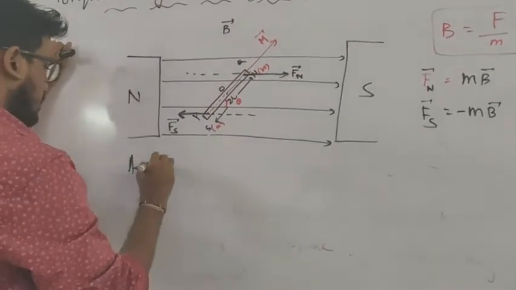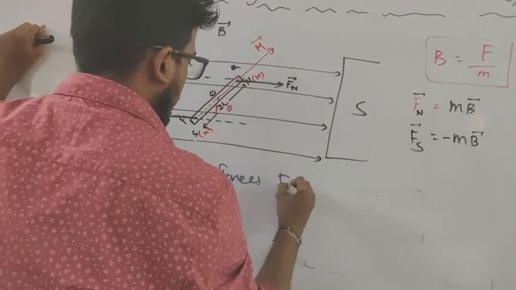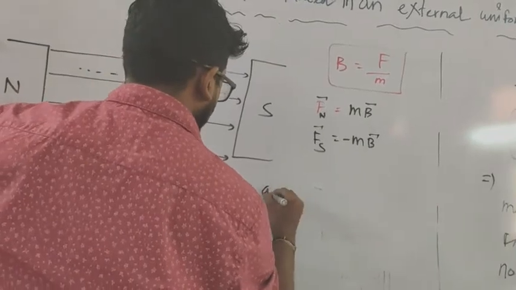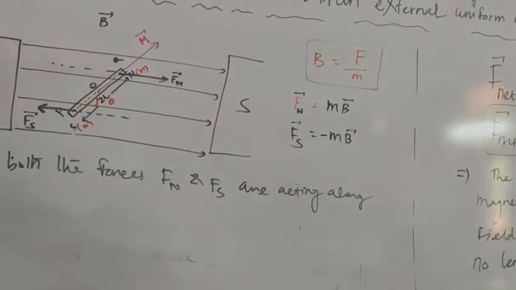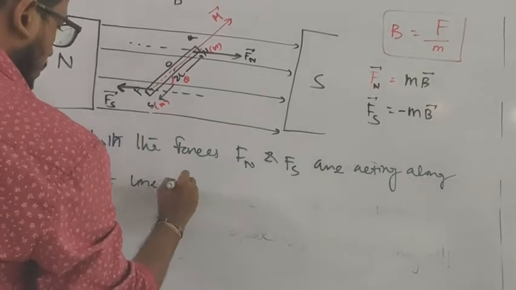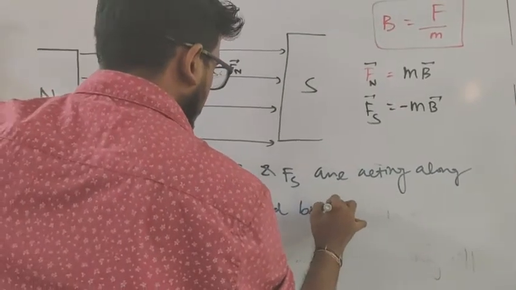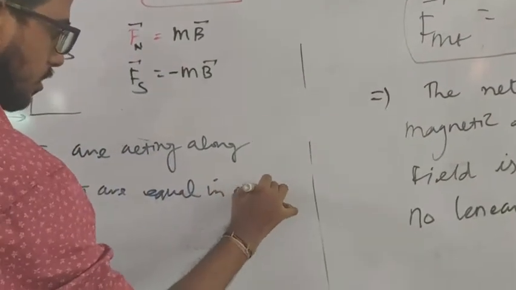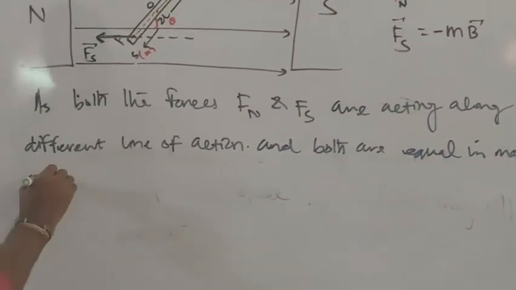So both the force on the north pole and the force on the south pole due to the external magnetic field are acting along different lines of action, and both are equal in magnitude and opposite in direction.